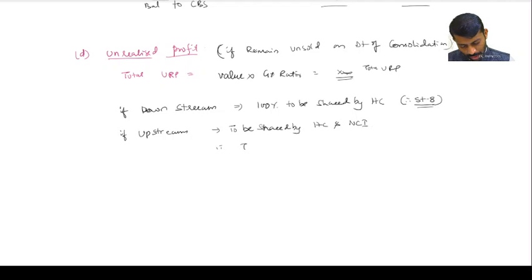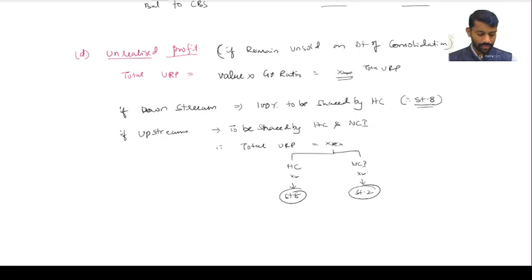So that total URP is divided into holding company and NCI. The holding company portion will go to step number 8. NCI's portion will go to step number 5, non-controlling interest. Got it? Yes, sir.